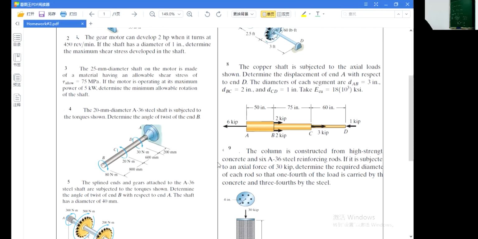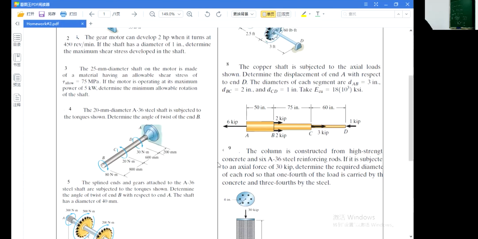The cross section will rotate. Okay, but yeah, it means find the angle between B and A. Between B relative to A. But A can't move because A is fixed.